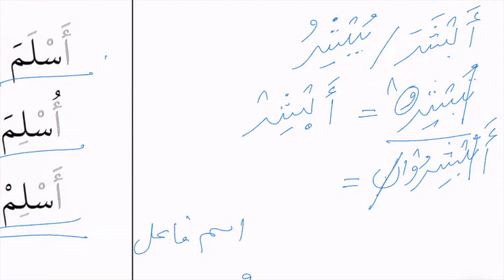Yes. And we dropped this ta. Now what is left behind? Ba, shin, and ra. So this has sukoon, we can't pronounce it, right? So we need fatha. So we need a helper alif. So we said abshiru. So abshiru is for antum. And this is amar too. Yeah, what we are doing right now. This is amar.